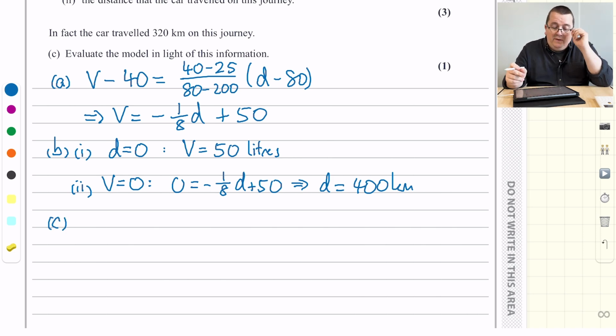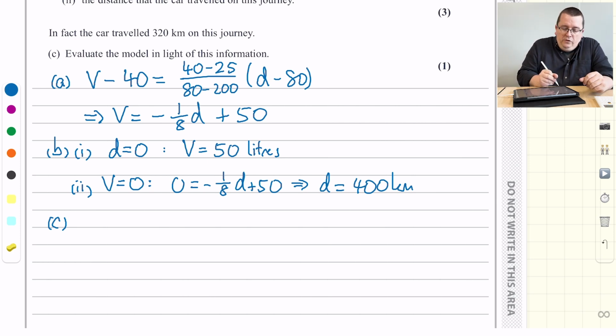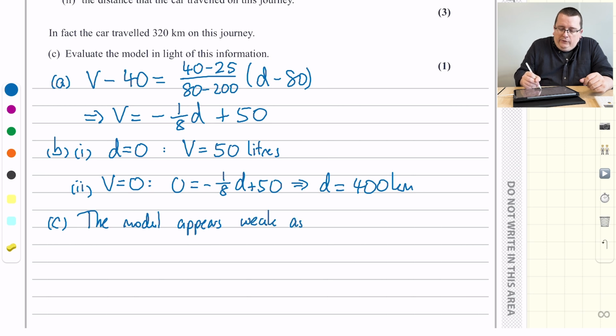In fact, the car travelled 320 kilometres on this journey. Part C. Evaluate the model in light of this information. Well, the model suggests that we'll travel 400 kilometres, but we actually travelled 320 kilometres. So the model appears weak, as 320 kilometres is much less than the predicted 400 kilometres.